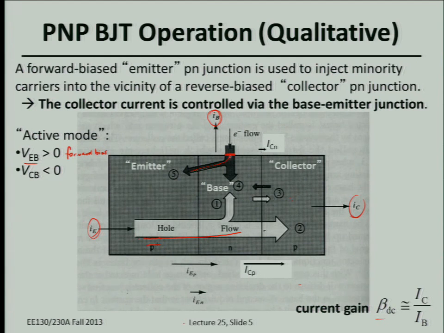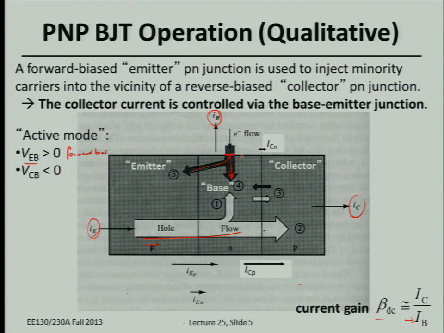Some of them recombine with holes as they diffuse in the base region. If the base region is long compared to the diffusion length, then some of the holes injected into the base region will recombine with electrons, and those electrons are supplied by the base as well. In order to have large gain, we want to minimize IB, so we want to minimize this recombination.